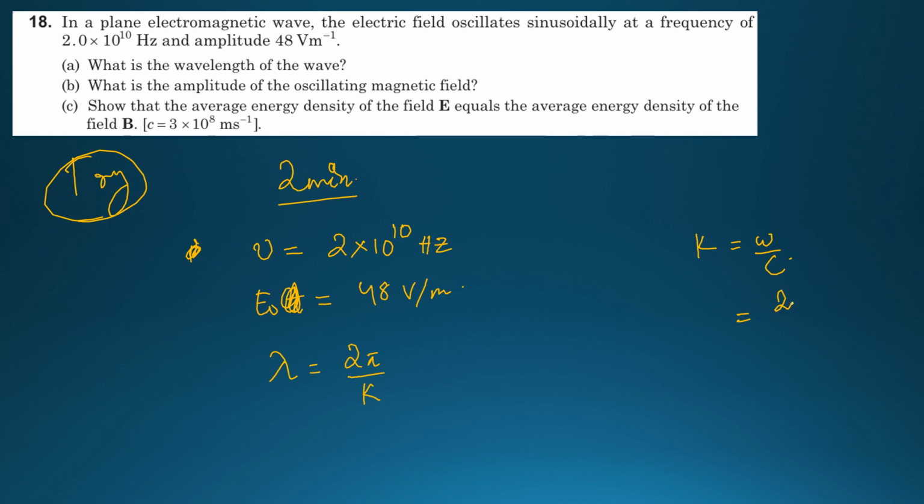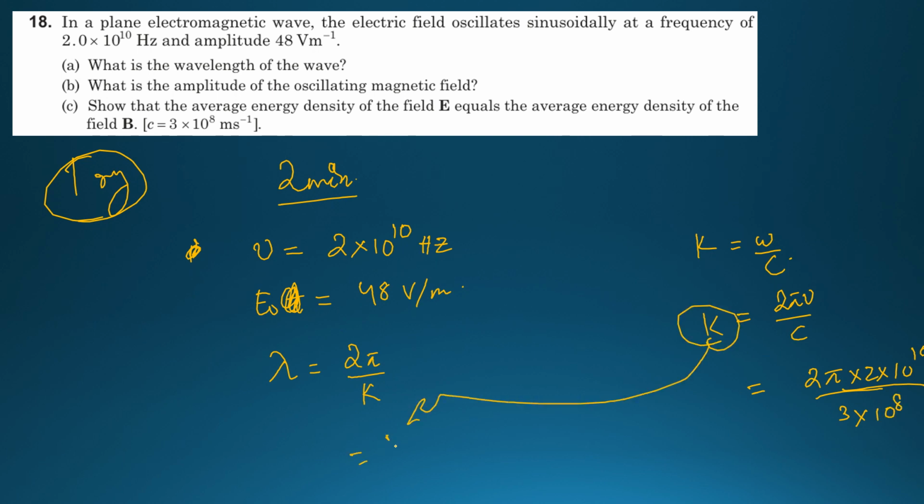Omega is 2 pi f, so k is equal to 2 pi nu by c. So 2 pi into 2 into 10 to the power 10 by c, c is 3 into 10 to the power 8. Putting k here, 10 to the power 10 by 10 to the power 8 is 10 to the power 2. So 2 pi cancels out, 3 by 2, 1.5 into 10 to the minus 2. So lambda is 1.5 into 10 to the minus 2 meter.